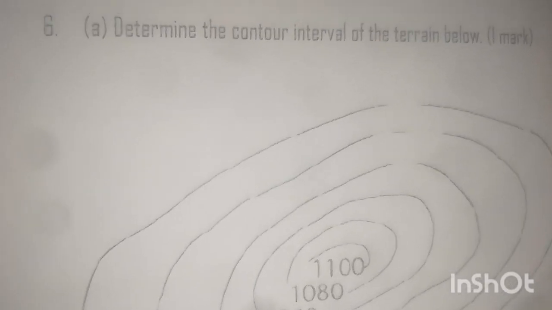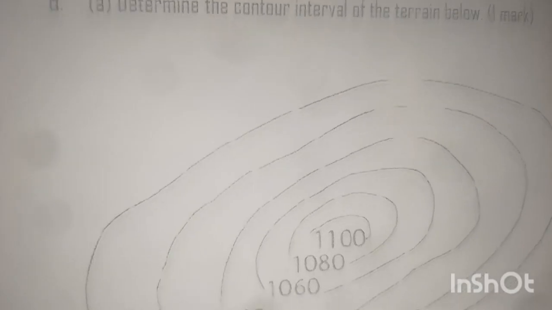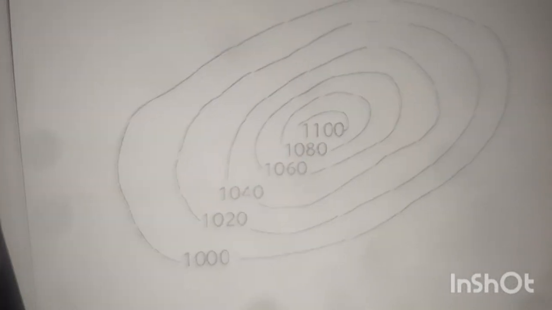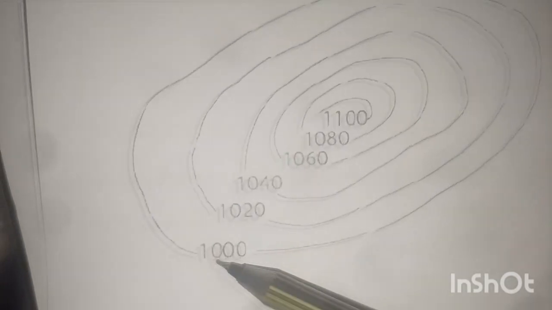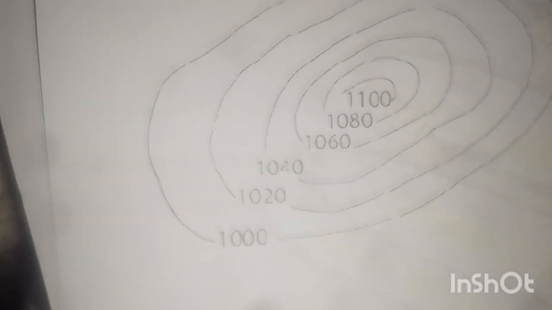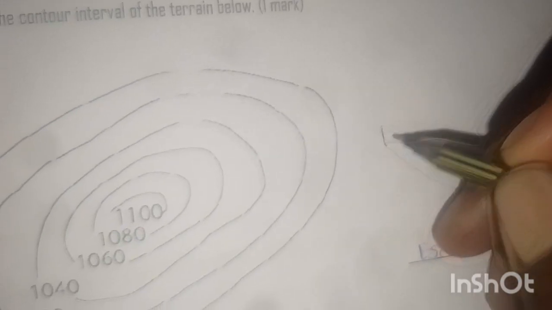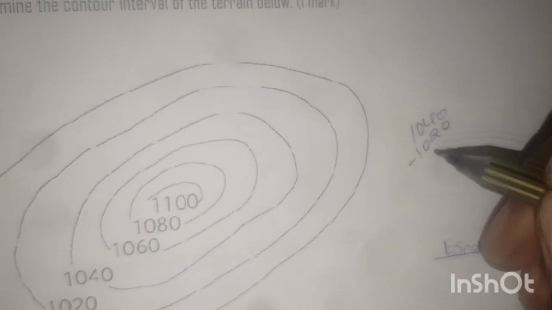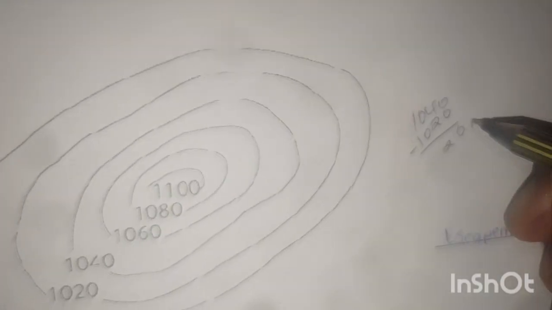Determine the contour interval of the terrain below. So this is what you do. You subtract the difference between the contours. For example, 1040 minus 1020, that is in meters. We get a 20 meter interval.